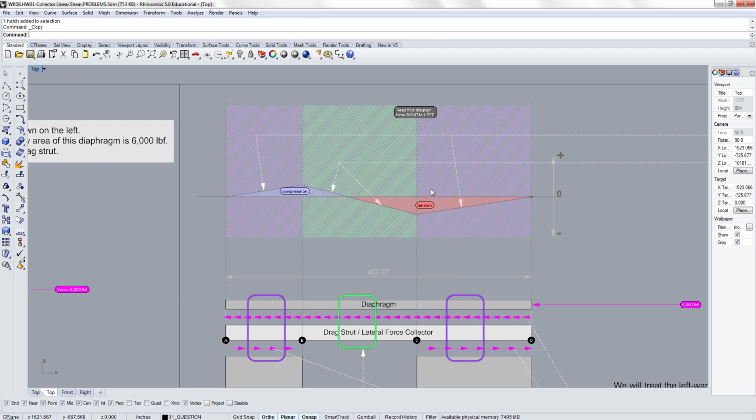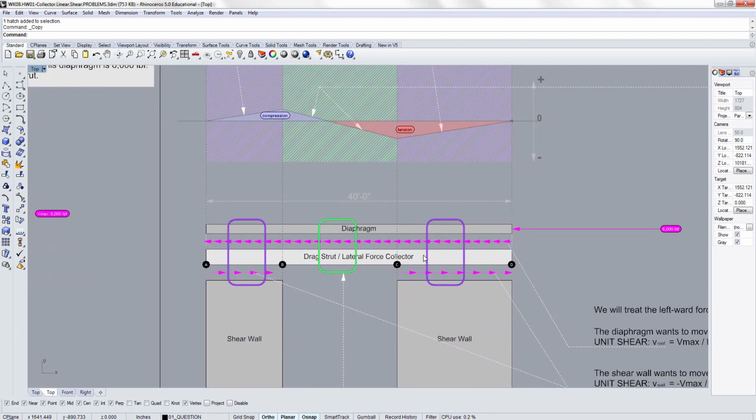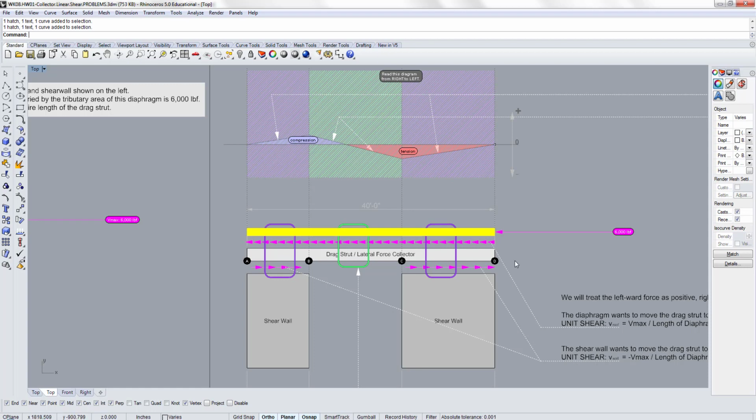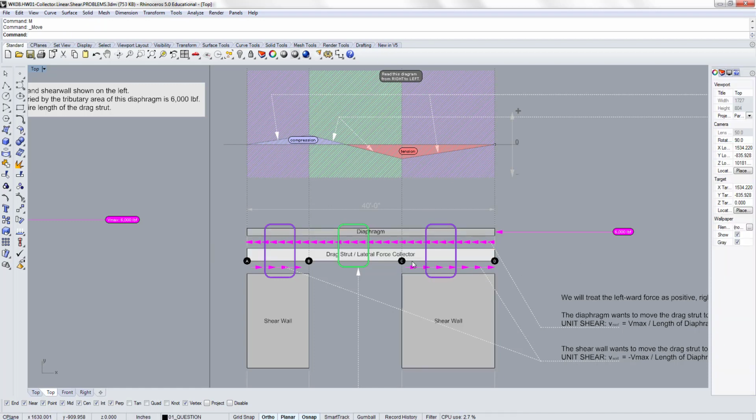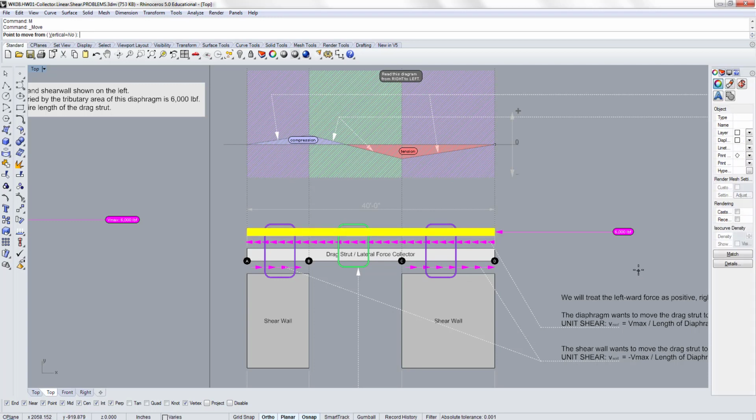So far it makes sense, right? Plotting the diagram, negative and positive. So the way to read this diagram is whatever is negative happens to be in tension. Whatever is positive happens to be in compression. If you try to visualize this, I wish I had some sort of a physical model, but you can imagine how that wall, because this guy is trying to move this way, and this guy is trying to stay there.